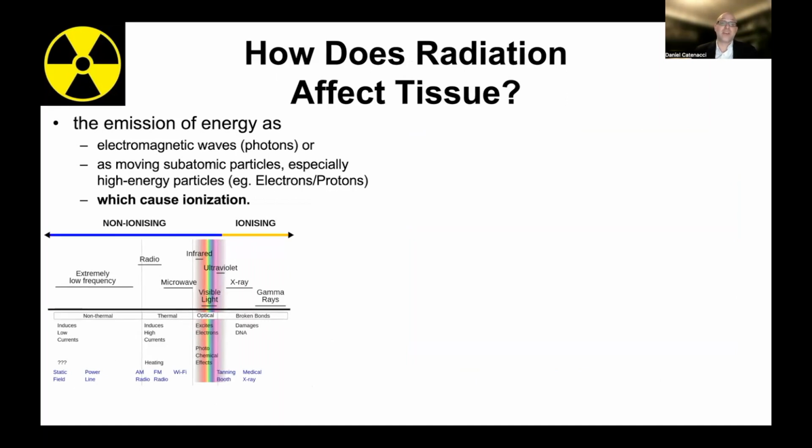Radiation is the emission of energy through electromagnetic waves, otherwise known as photons, or as moving subatomic particles, especially high energy particles like electrons or protons, either of which can cause something called ionization. On this spectrum of electromagnetic radiation, the ionizing radiation is to the right of visible light, with shorter wavelengths.